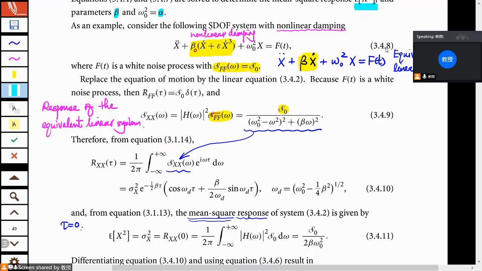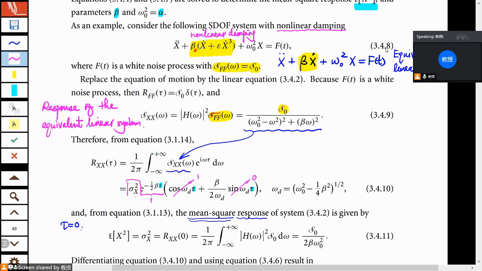So replace tau by 0. Okay, so we end up with, when tau is 0, this is 0, and the cosine is 1, and the exponential is 1.